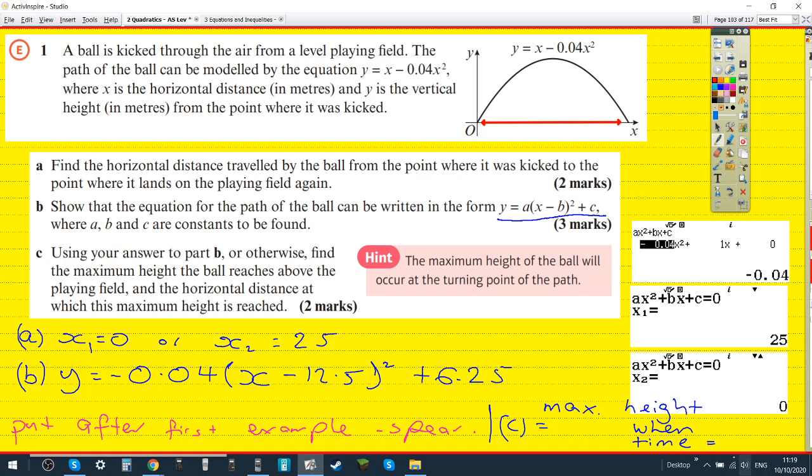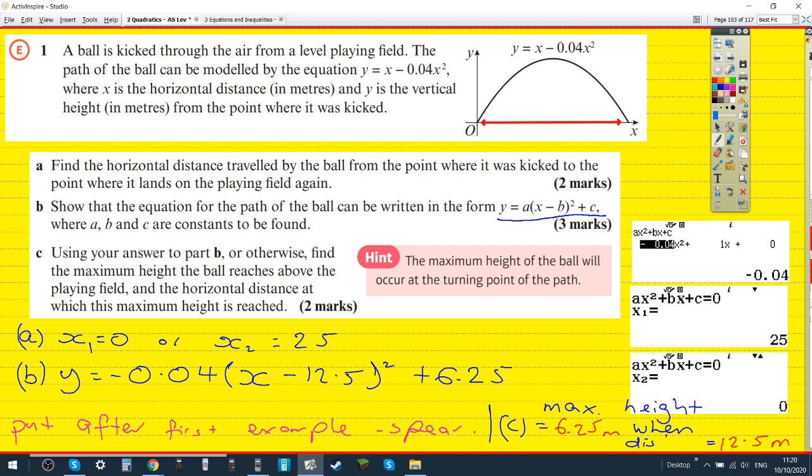That is the time, 12.5 seconds. That's the x. In this case, x is time. No, sorry, x is horizontal distance. So that's the horizontal distance when it reaches its maximum. So would the height be 6.25? Correct. So the maximum height is 6.25 meters. Yeah. That's it.